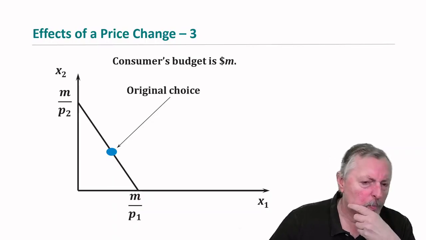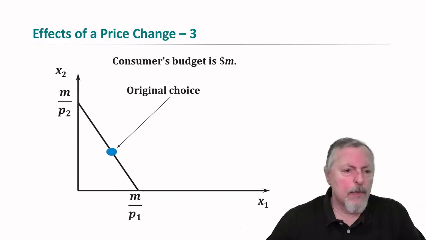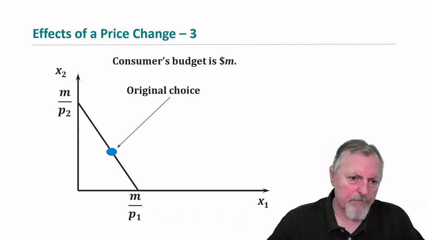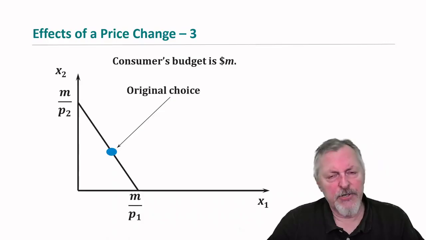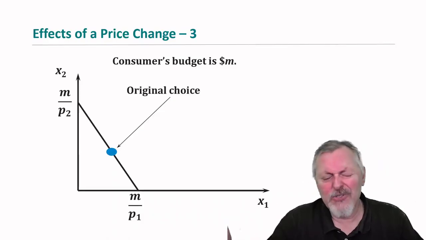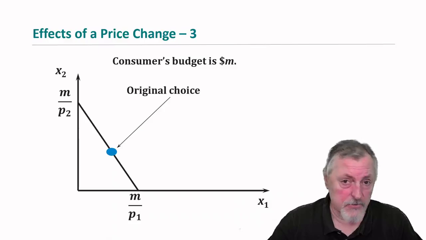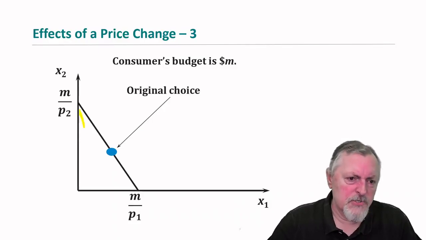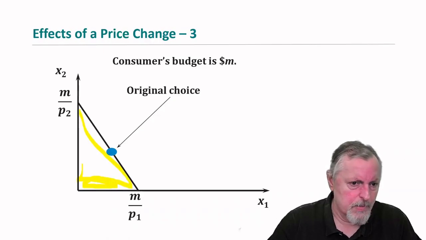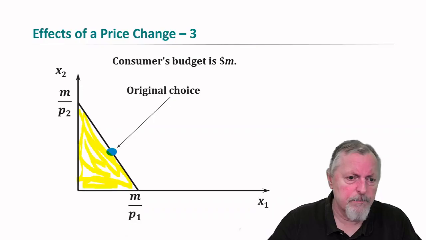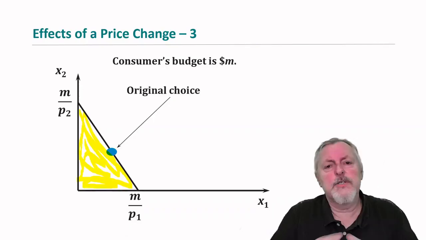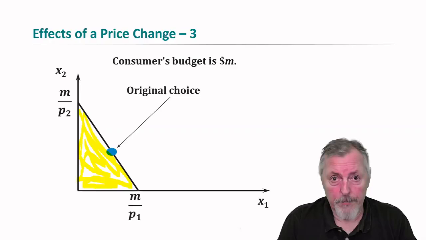Now, this line, we call it the budget constraint. Loosely, we just call it the budget line, but it's the constraint. Everything inside the budget constraint, however, up to and including the line, these are all consumption bundles that this person can afford.